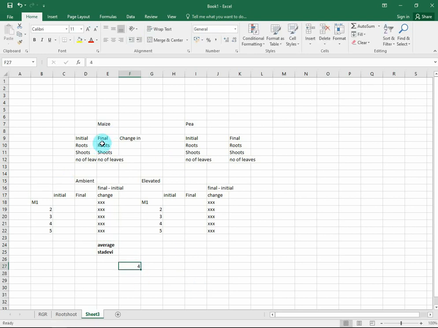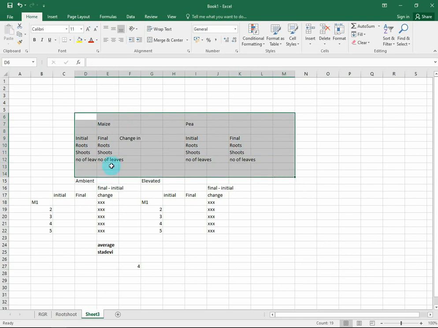for, let's say you decided to do roots first. You should have 4 values: ambient maize, elevated maize, ambient pea, elevated pea. So you should have 4 values for an individual parameter. You should not put maize and pea for these parameters on the same graph.